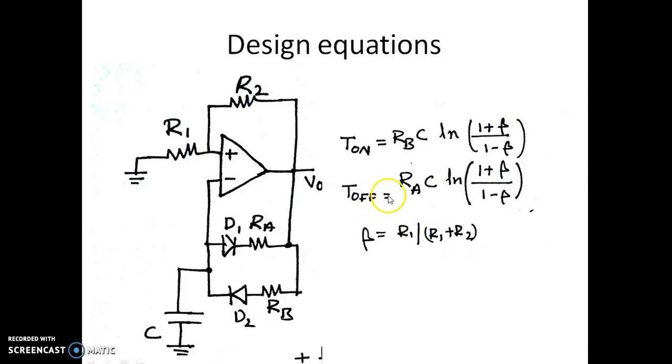Similarly, the off time is given by RA into C, because when the capacitor is discharging, it will be discharging to minus VSAT of the output through resistor RA and the diode D1. In this expression of on time and off time, we are neglecting the diode on resistance, so only RA and RB are considered. Of course, the values of resistors R1, R2 will decide the threshold voltage.